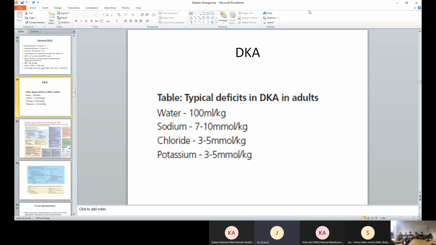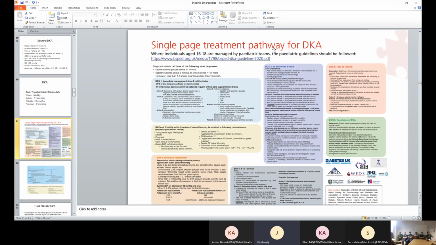One other important thing is potassium, which is depleted along with the sodium. This is a new guideline that came out in 2021, the ABCD guidelines 2021.